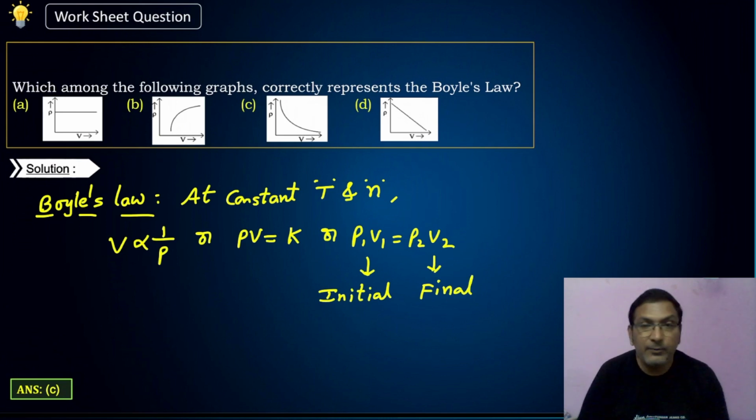The relation between volume and pressure is inversely proportional. If volume increases, pressure decreases. Therefore, clearly graph C.